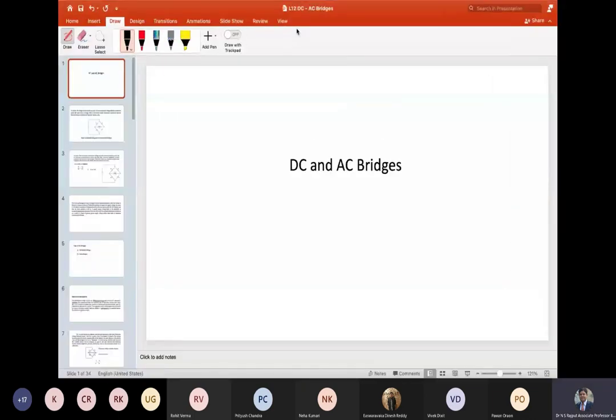Right. So basically today we will talk about AC/DC bridges. So first of all, what a bridge is.